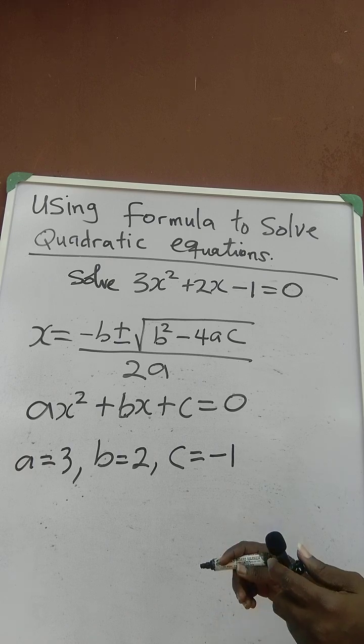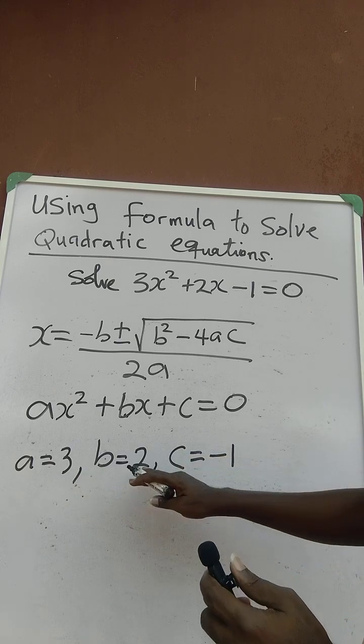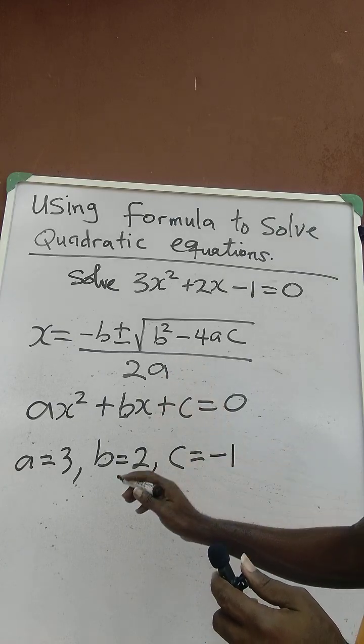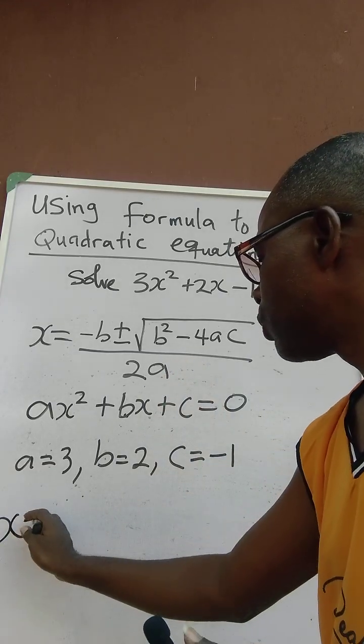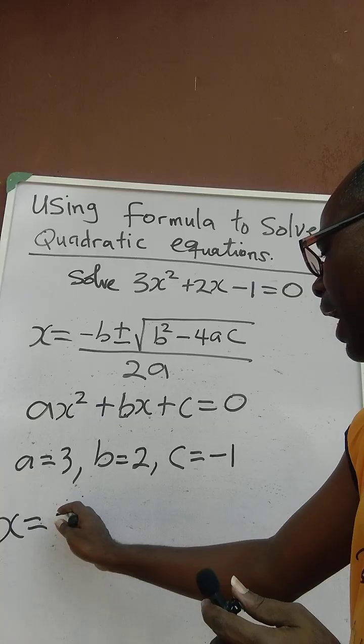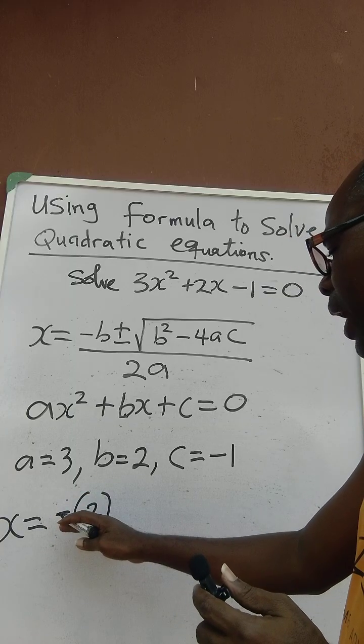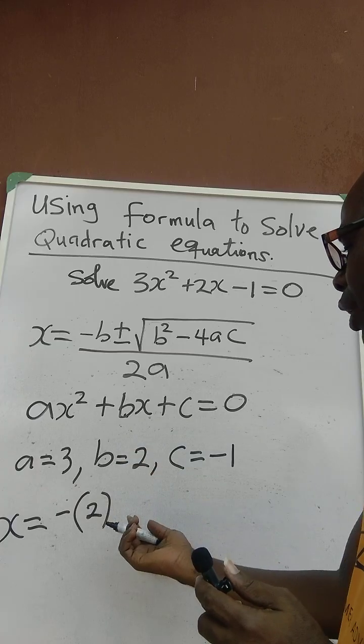Good. So we have to now substitute these values into the formula. So substituting into the formula, we have minus, that is 2. Always put it in bracket, because sometimes b can be minus 2.